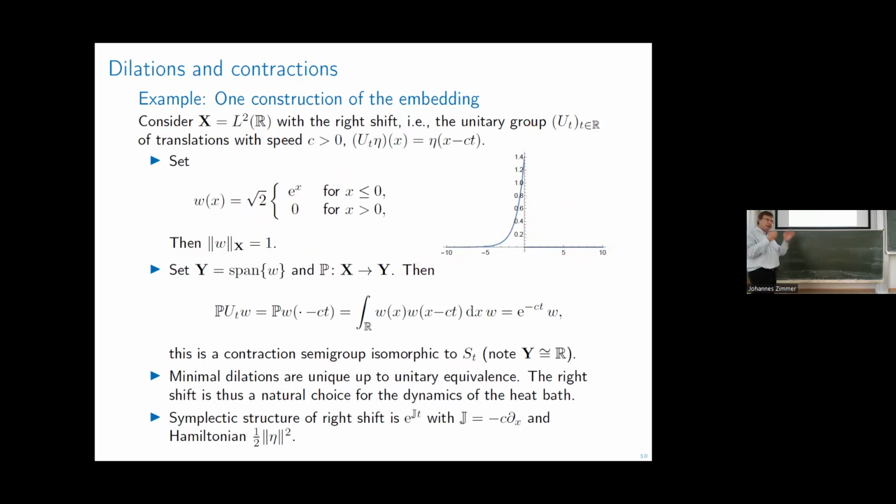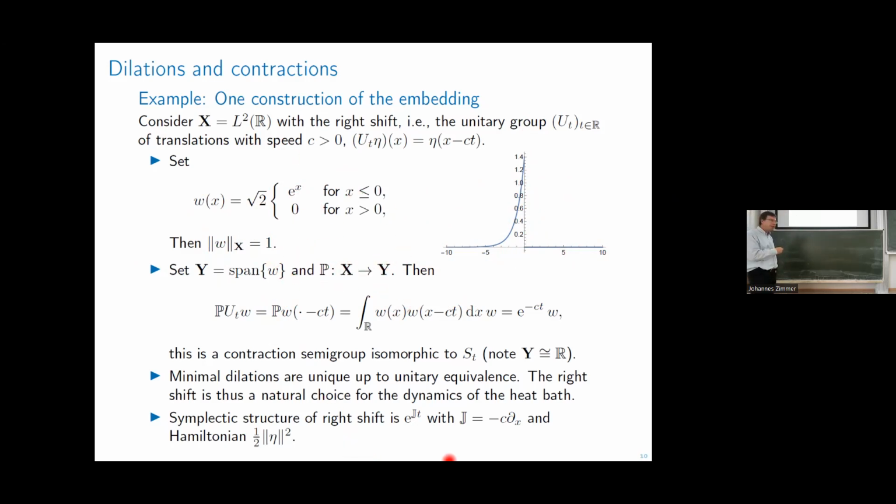This looks technical, but this is something we will really use often. It's an L2 function, and it's normalized. I take the one-dimensional space spanned by this one function, and I have a projection from L2 onto this function space.